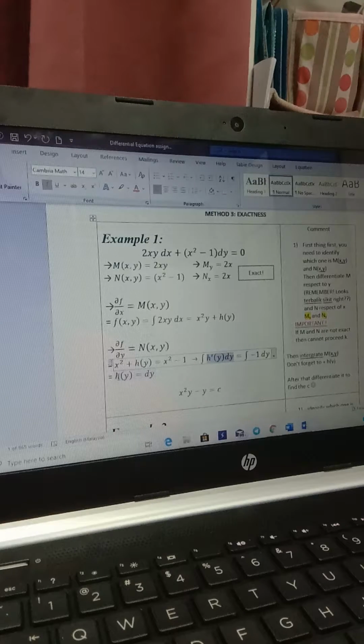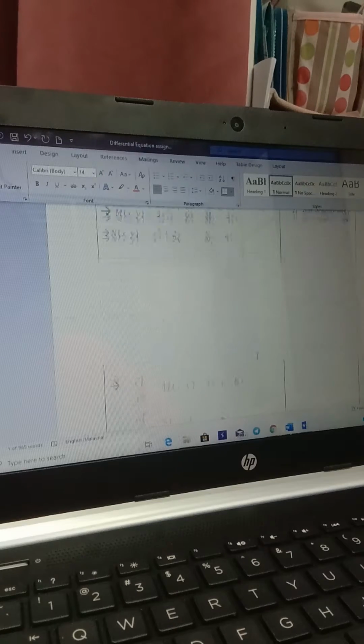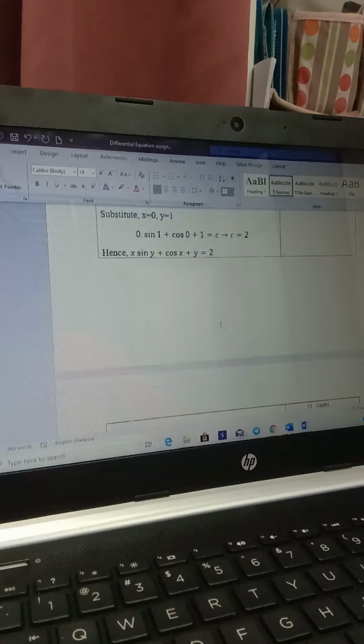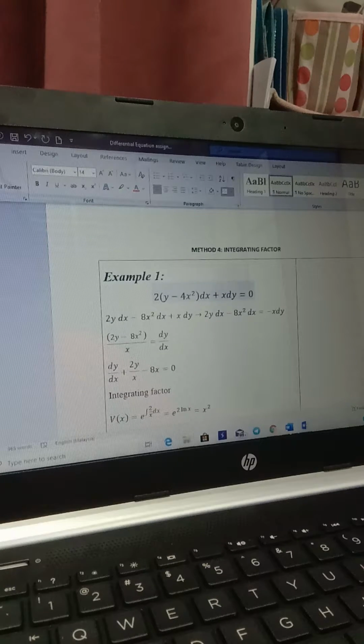So to determine h(y), because h(y) is equal to c actually, we will get the answer x squared y minus y.